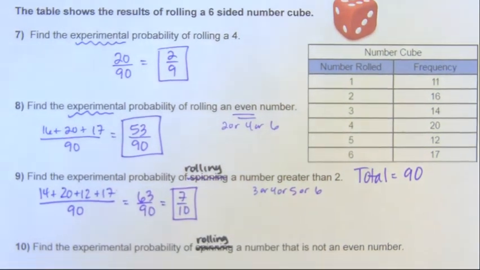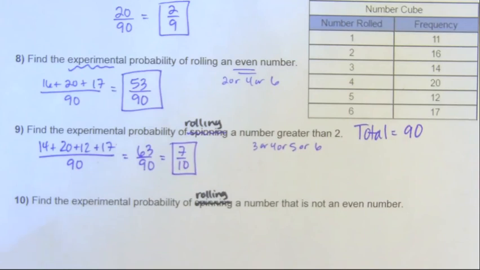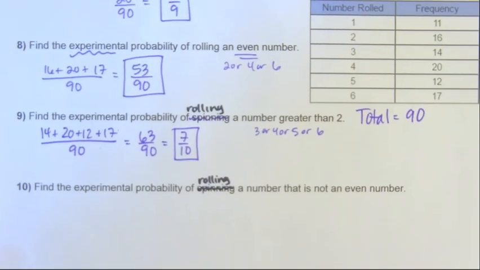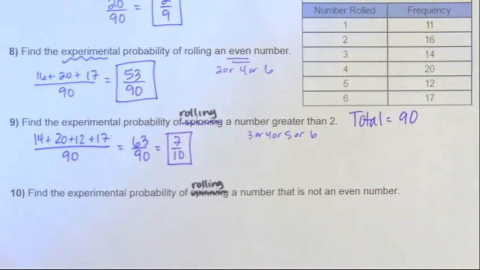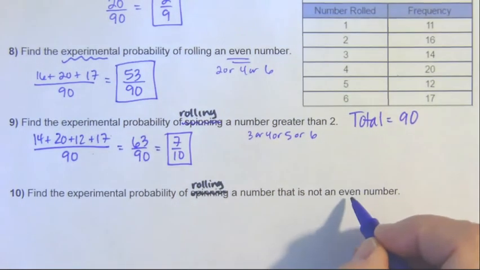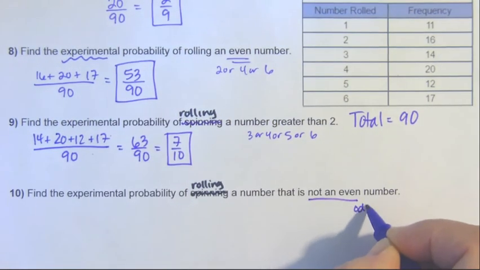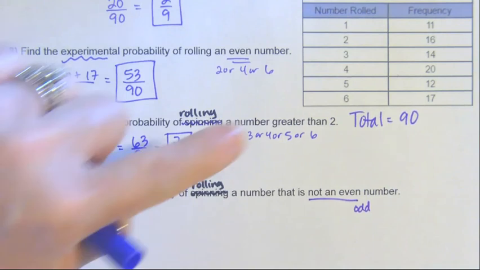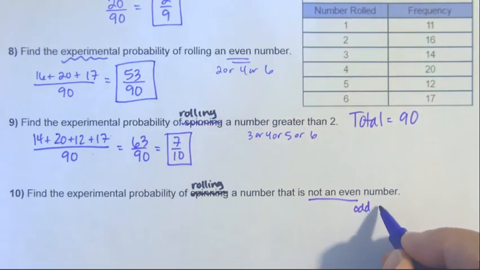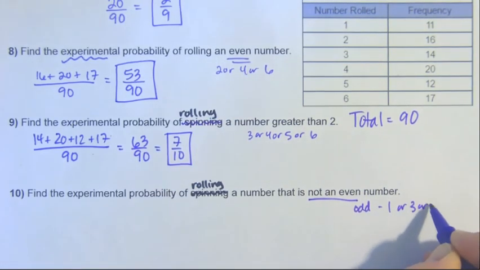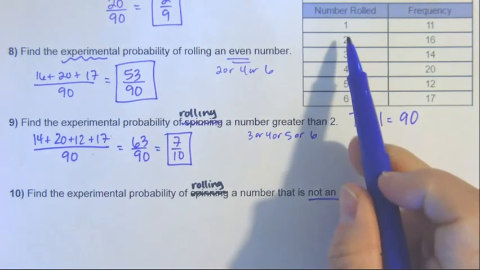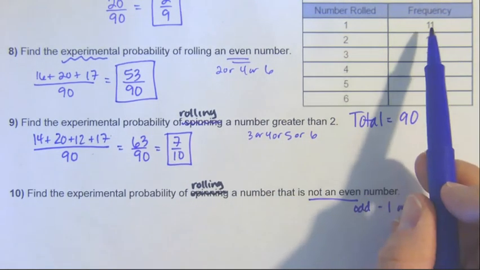One more. I see I would fix that for you. Find the experimental probability of rolling a number that is not an even number. So if it's not even, that must mean that it's odd. So I'd want a 1 or a 3 or a 5. So you'd have to just add up the number of times that you rolled those.